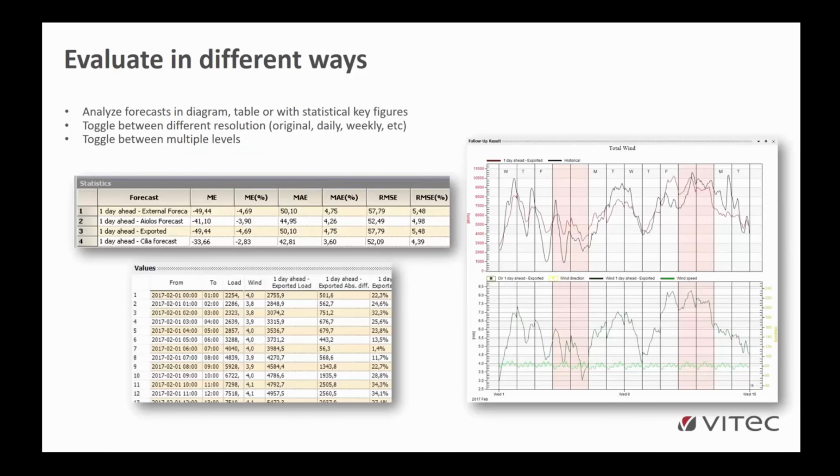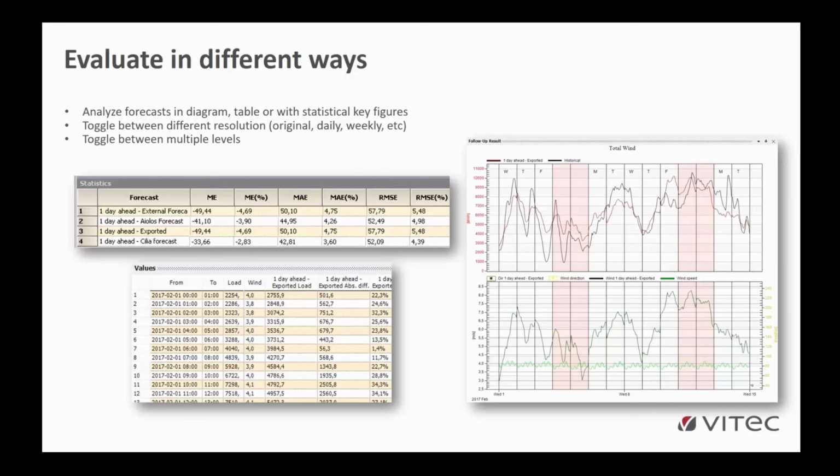And there are different ways of evaluating these. In the follow-up tab, you can see it in graph form, which has zooming possibility, and you can also see it in statistics or in grid formats and so on. So you have different key elements of looking at it, all with their own benefits. You have statistic key figures, but you have the graph to quickly see specific days where the accuracy has deviated more or less than other days.